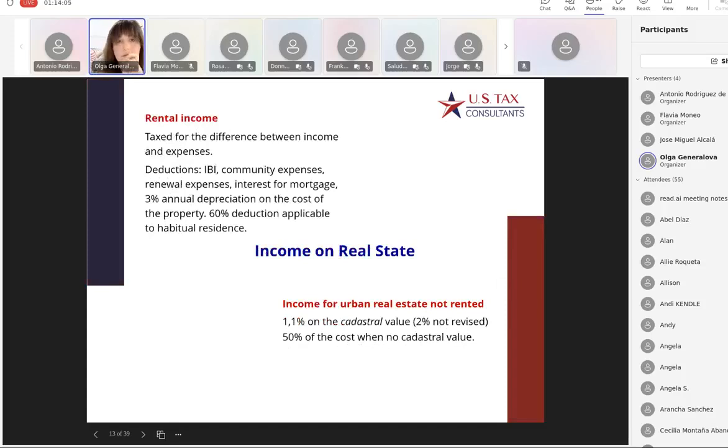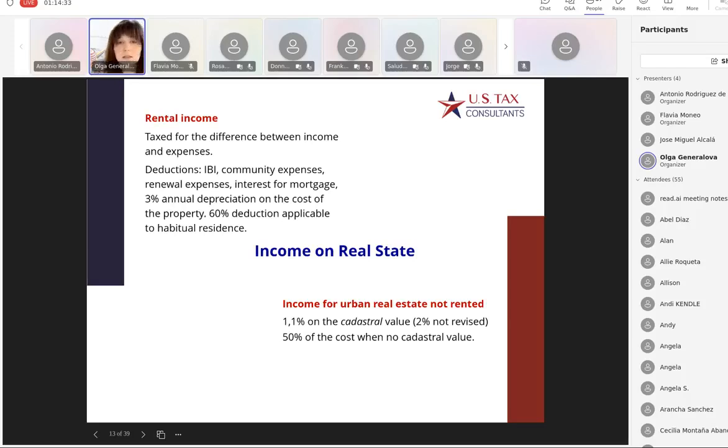Also, we find quite often that working remotely as a self-employed person from Spain for a non-Spanish contractor requires you to register as self-employed in Spain, which means that you will pay Social Security fees and you should file quarterly taxes in Spain.